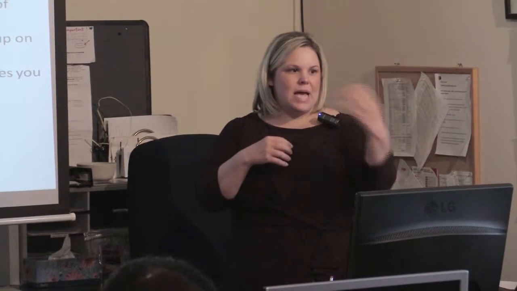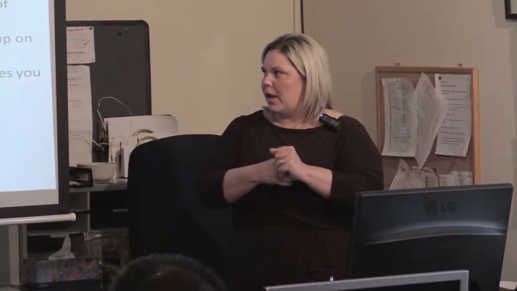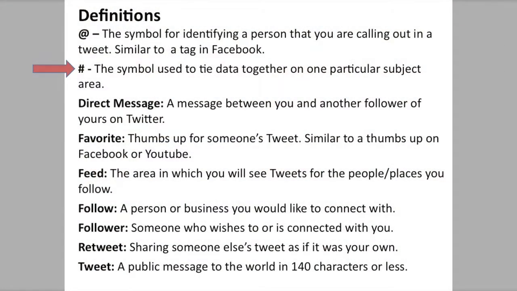It's the same way I'm tagging Debbie in that tweet. The hashtag symbol is, like I said earlier, a way to pull data together in one particular subject area. Some of you may refer to it as the pound symbol, but nowadays it's called the hashtag symbol. So whether you use hashtag or pound in this classroom, I'll know what you mean.